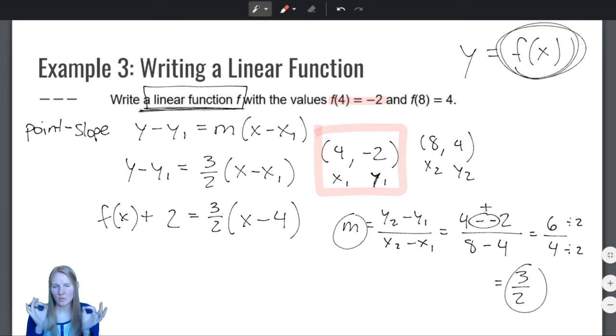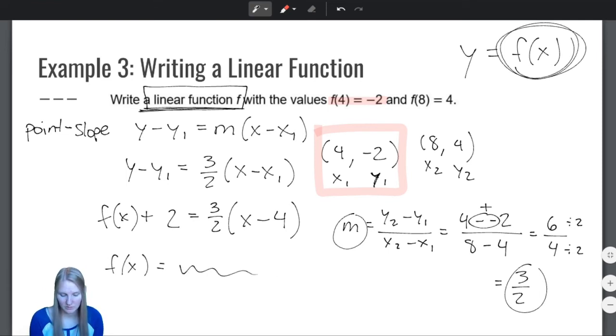But is it really a function if I have f of x plus something equals blah, blah, blah? Typically, when we talk about functions, we want f of x equals blah, blah, blah. So I need to get rid of this 2.